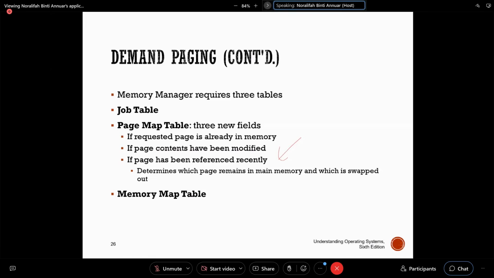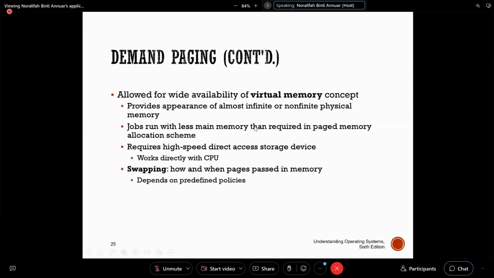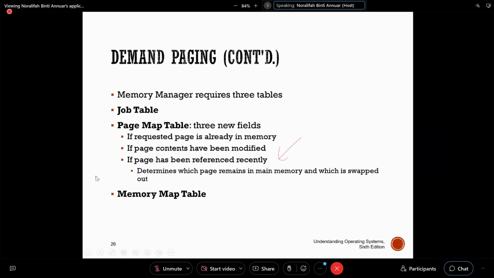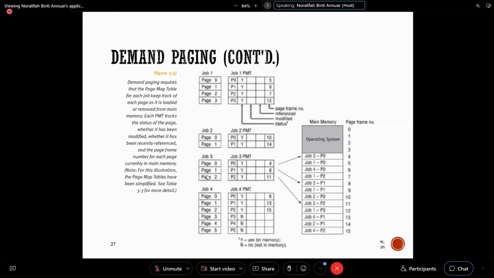Dia kena ada tengok ni sebab it refers to the algorithm that they are using. Ni contohnya lah, contoh ni yang nampak macam complicated ni adalah yang ini je. Job table, PMT and memory map table. This is PMT, page map table.